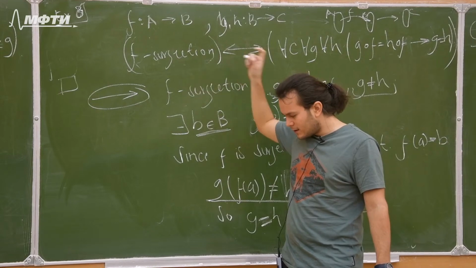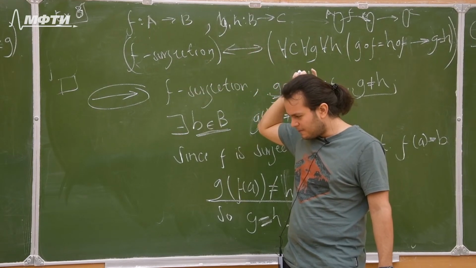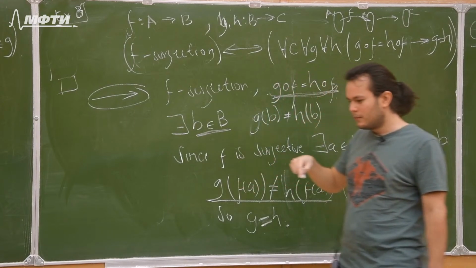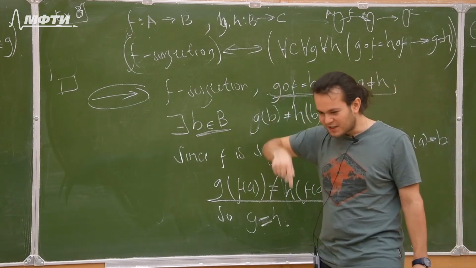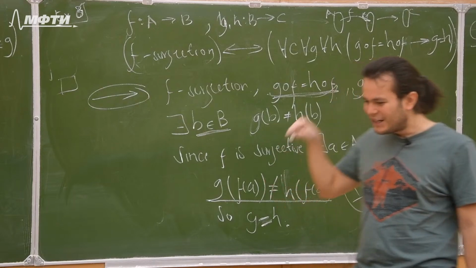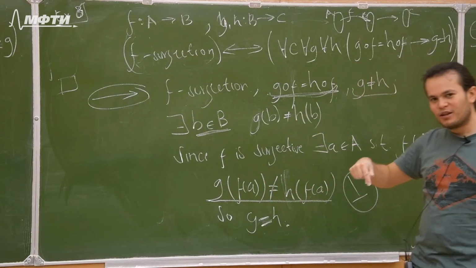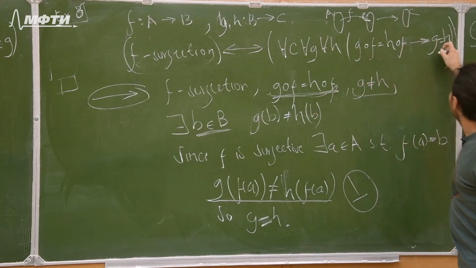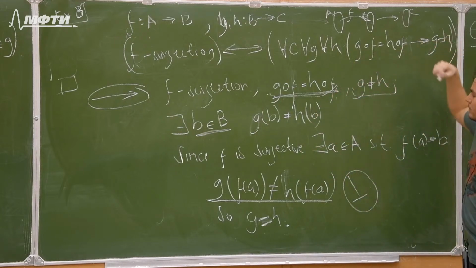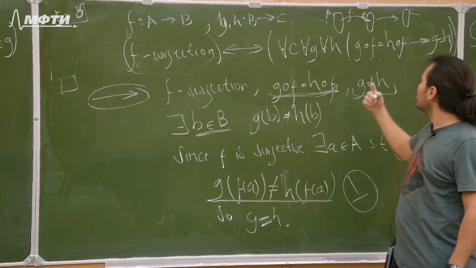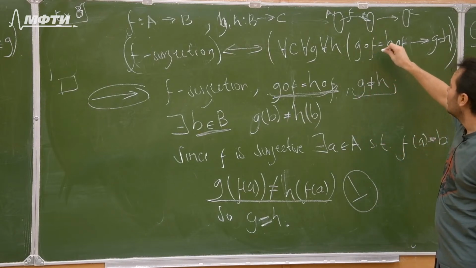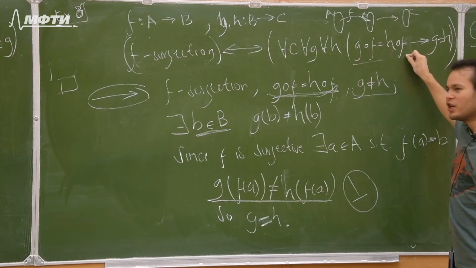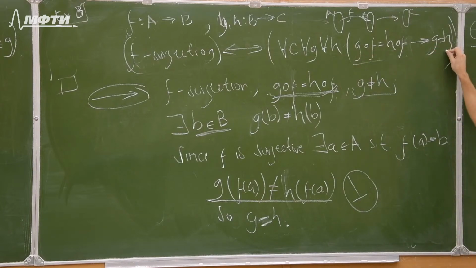So let's assume that F is not surjective, and let's show that in that case we can always find such G and H such that their composition are equal, but they are not equal.